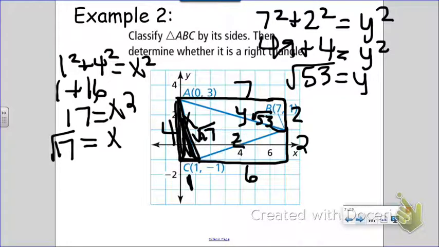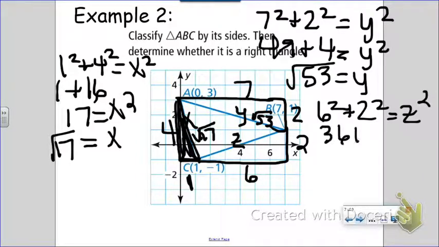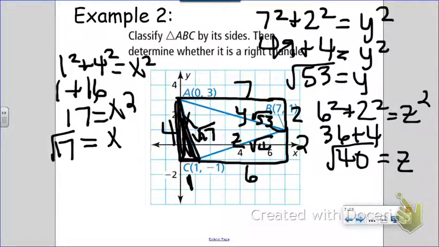I'll call that side z. 6 squared plus 2 squared equals z squared. 36 plus 4 equals 40. So z is the square root of 40. So we know that all the sides are different, therefore it's scalene.